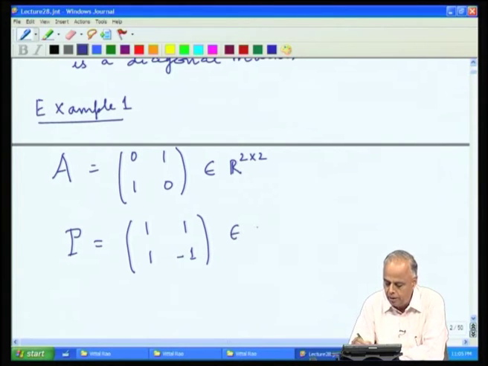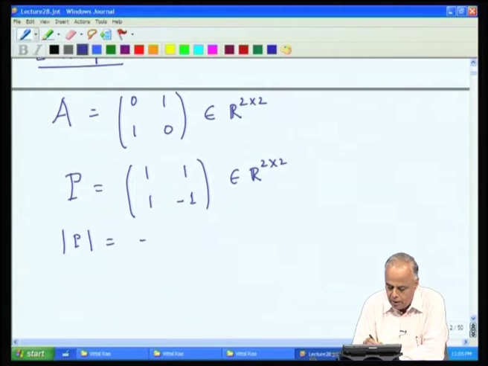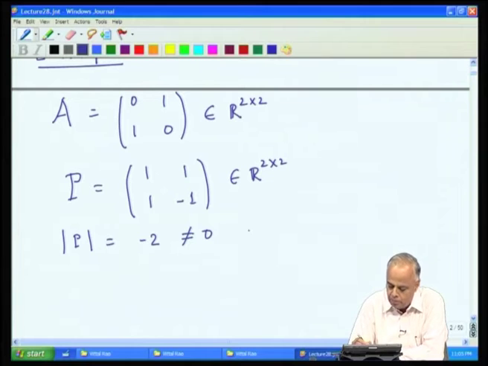This is clearly in R 2 2, again a real 2 by 2 matrix, and the determinant of P is minus 2, which is not 0. You have learnt in earlier classes that the matrix P is invertible if the determinant is not 0, hence P is invertible.